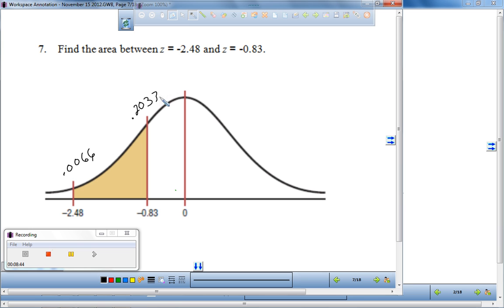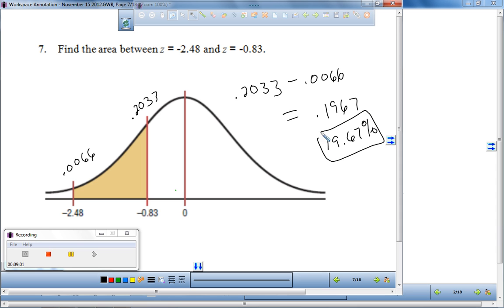And so we'll take the difference between the two. So I'm going to take 0.2033, subtract 0.0066, and we end up with 0.1967, which is 19.67%. So again, we're taking the table values and subtracting them. If you end up with a negative number, it's probably because you subtracted in the wrong order.